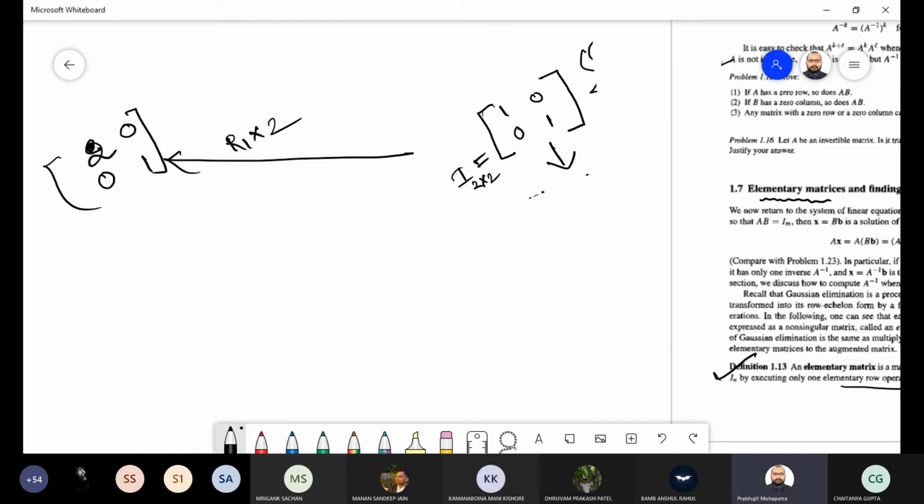Yes, so this is also an elementary matrix, 2 0 and 0 1. What we have done is multiplied row 1 by 2.